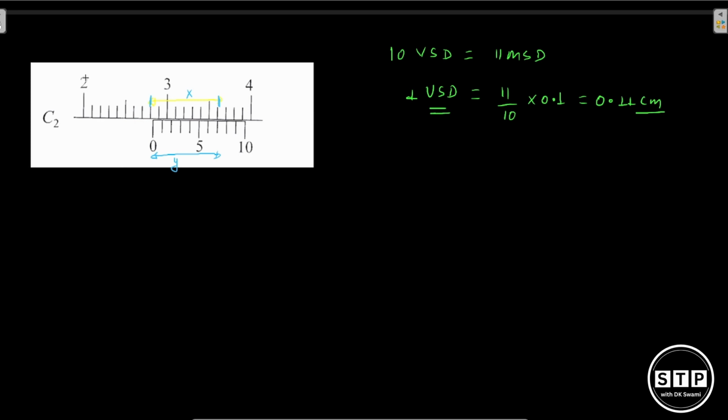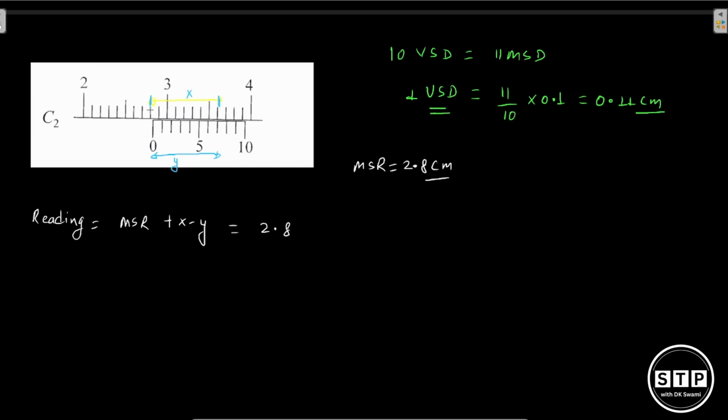Now I can say that the measurement is main scale reading, here MSR is 2.8 centimeter, the reading just before the 0 of the vernier scale. Next we need to find out x minus y. MSR is 2.8.